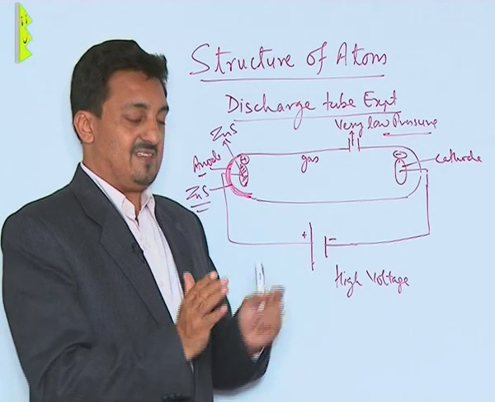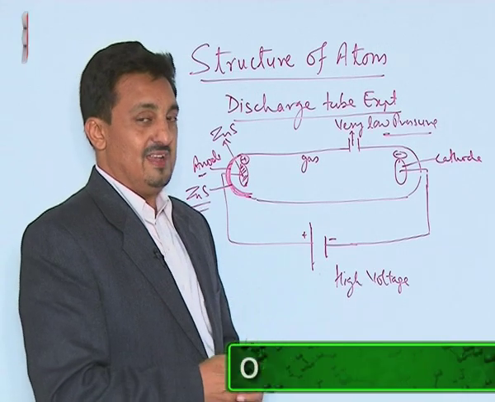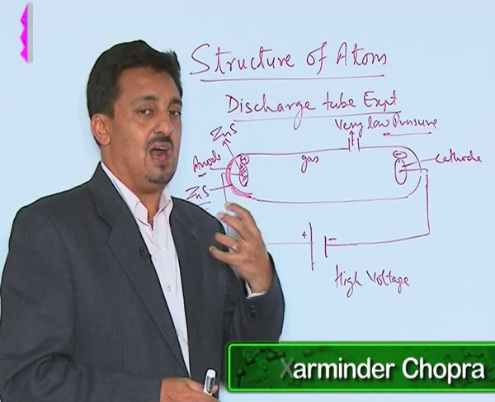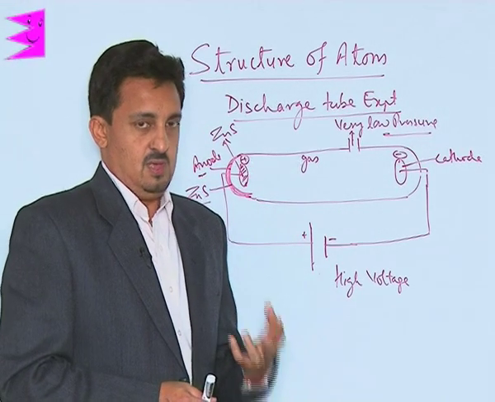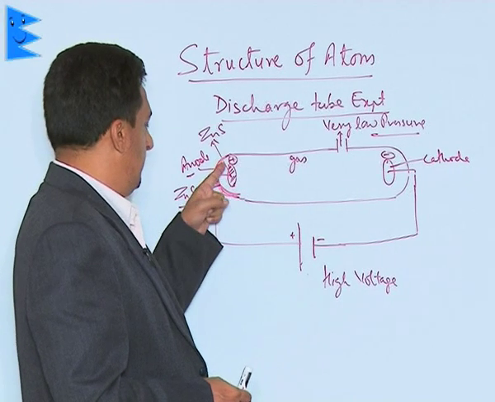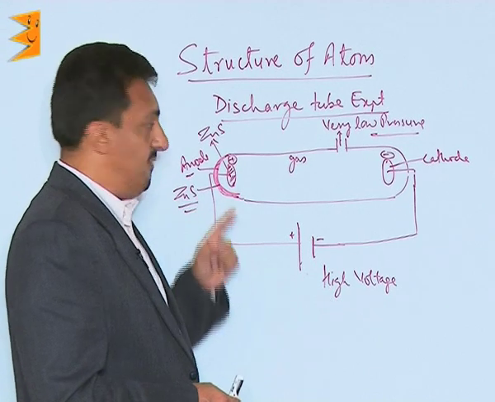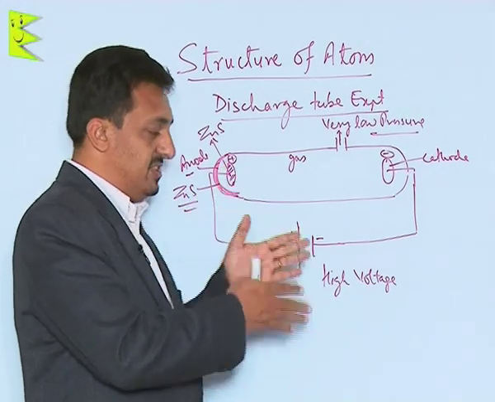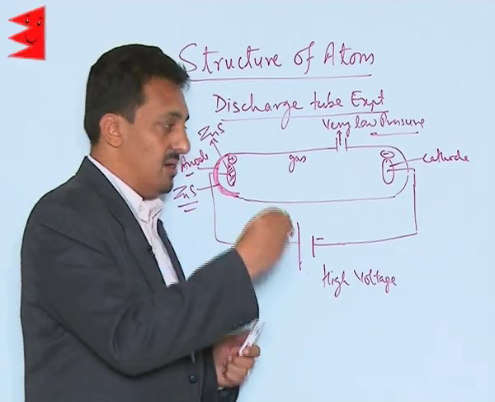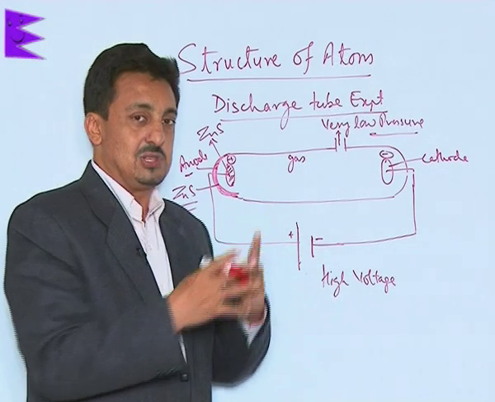Now after understanding what exactly the cathode rays are, let us see how Goldstein studied their properties. See, these rays actually are not visible, but when we coated the backside of the anode with zinc sulfide, or when the anode itself was coated with zinc sulfide, it was found that when these rays strike this anode, this side particularly starts glowing.